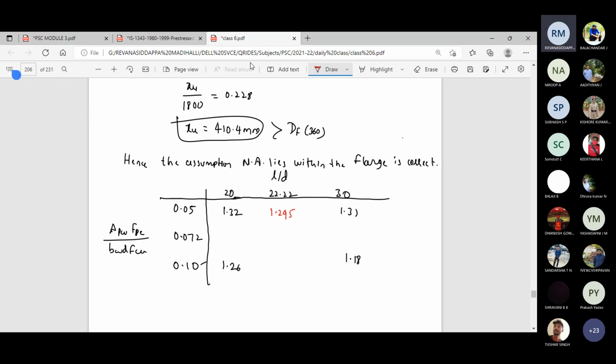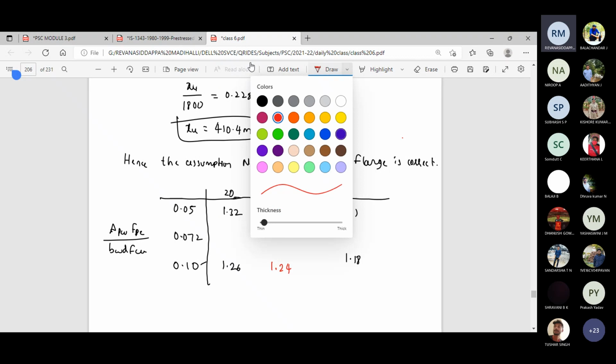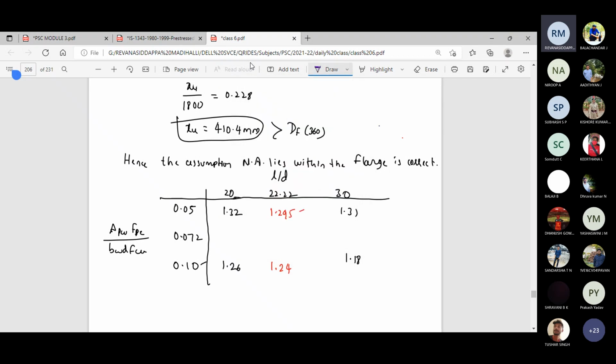Similarly, you do the interpolation between 1.26 and 1.18 corresponding to 22.22 L by D ratio. You will get the value as 1.24. Now for 0.05, 1.295, for 0.10, 1.24; for 0.072, you do the interpolation. After the final interpolation, the final value of FPU by FPE that you get is 1.270. This is the final answer.